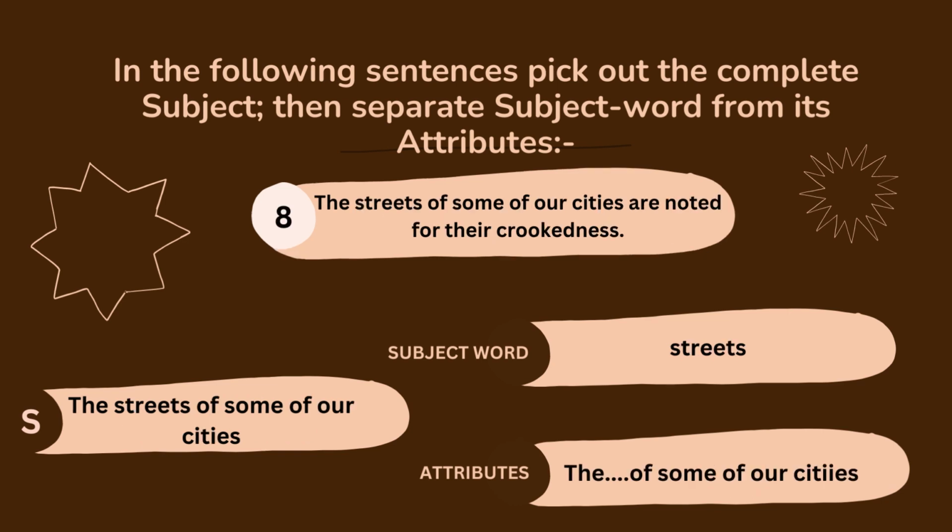Number 8, the streets of some of our cities are noted for their crookedness. Here we have the streets of some of our cities as the complete subject, and the word streets is the subject word, and of some of our cities is the attribute of the word streets.